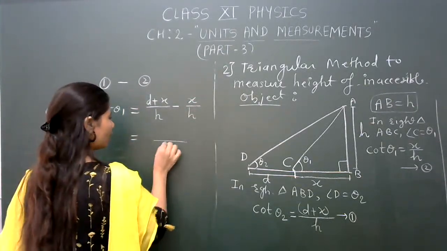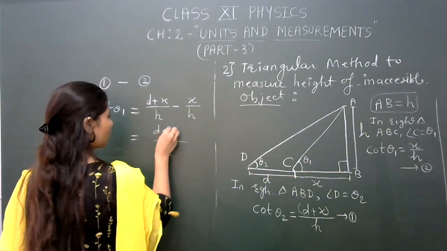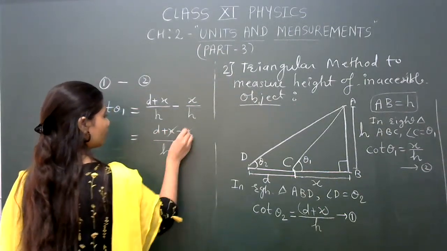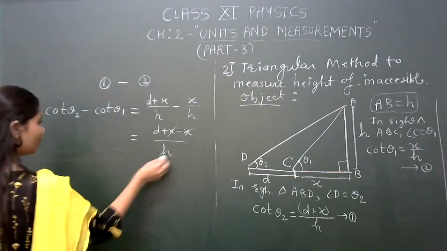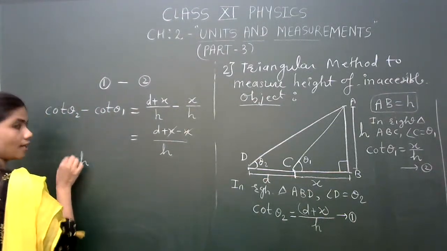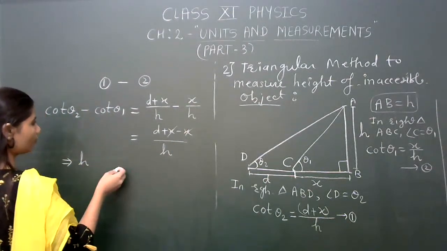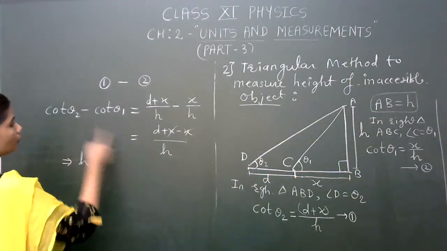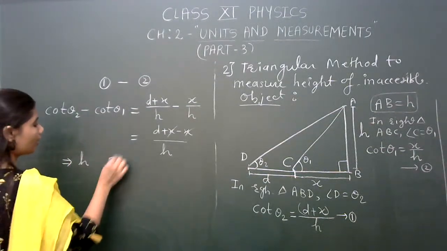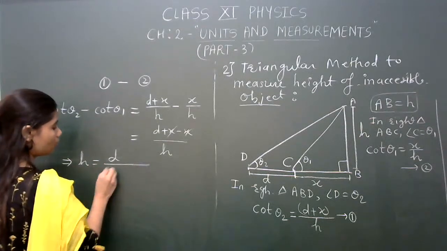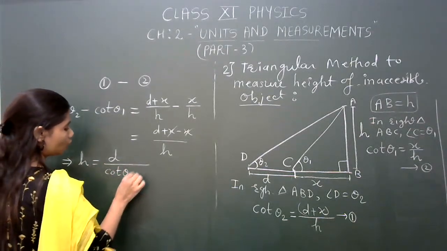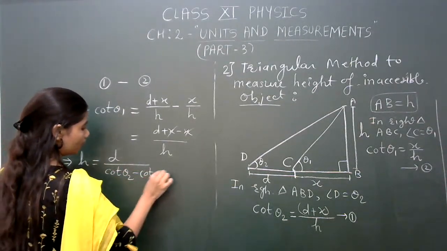So we will get d plus x minus x over h. So x will be cancelled out and you will get your height h, as height will be equivalent to what? This height will be d upon cot of theta 2 minus cot of theta 1.